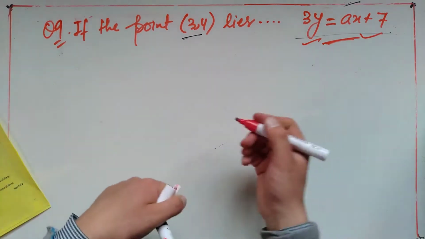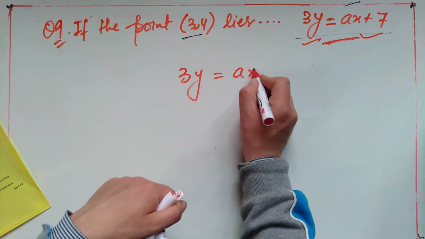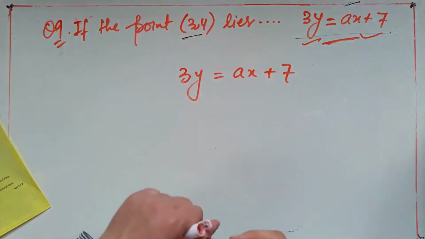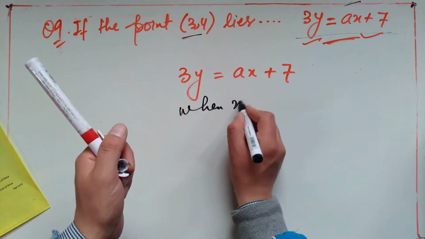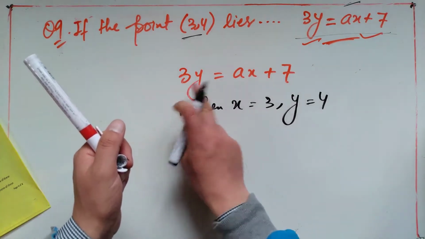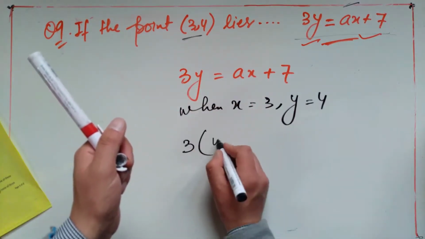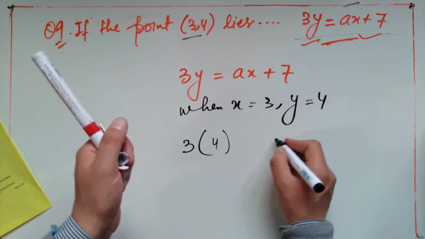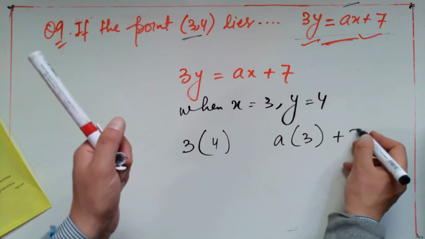I will write down the equation first. 3y equals ax plus 7. So if I substitute x equals 3 and y equals 4, the equality will still hold. That is 3 instead of y, 4 instead of x, and a as it is, I can write down 3 times 4 equals a times 3 plus 7.